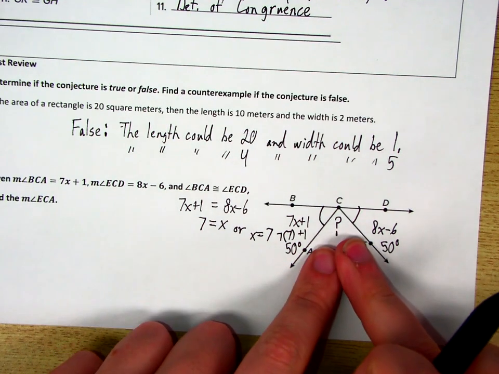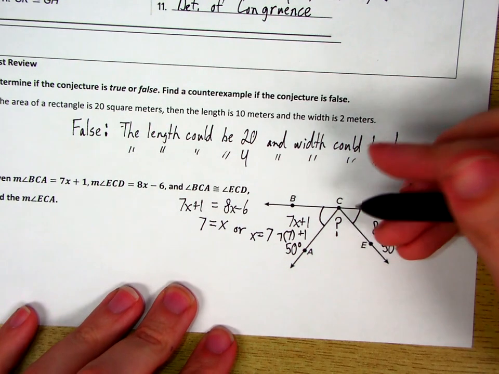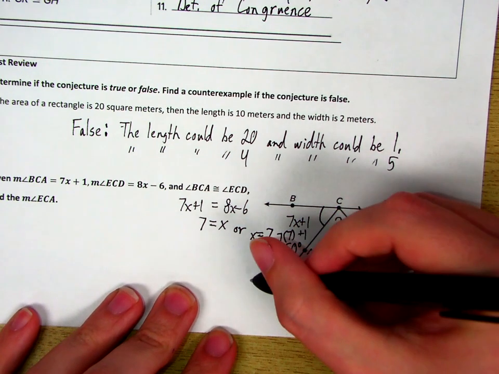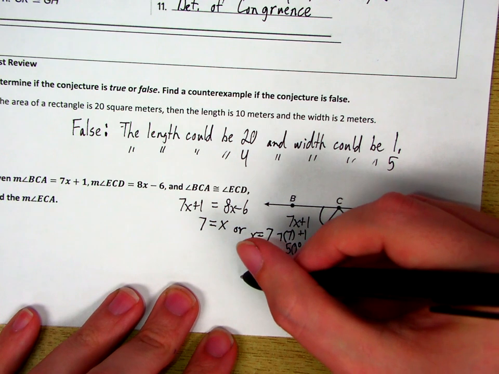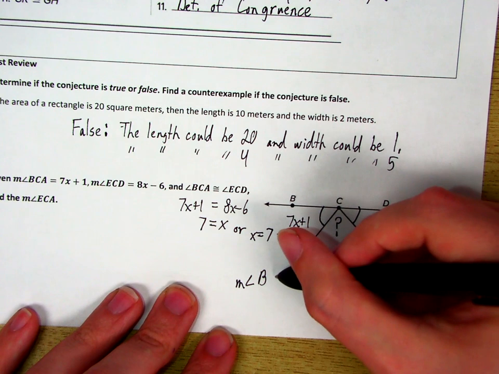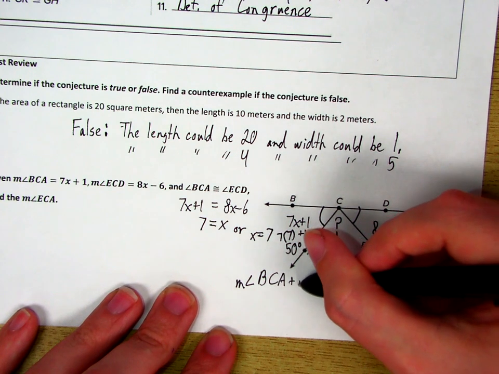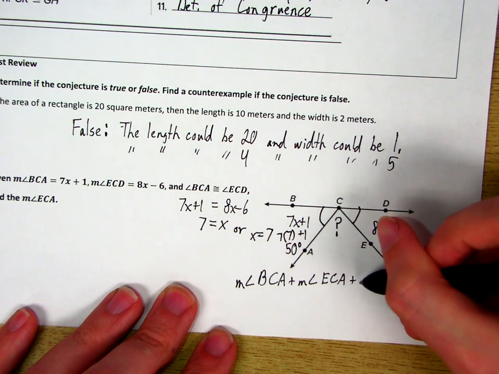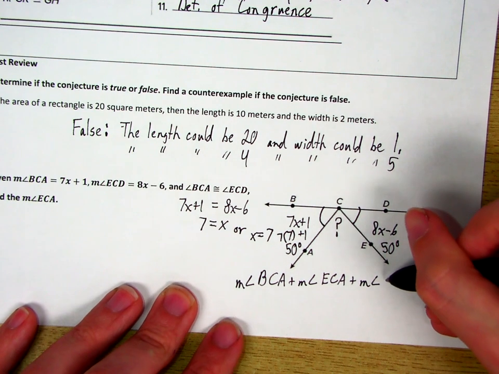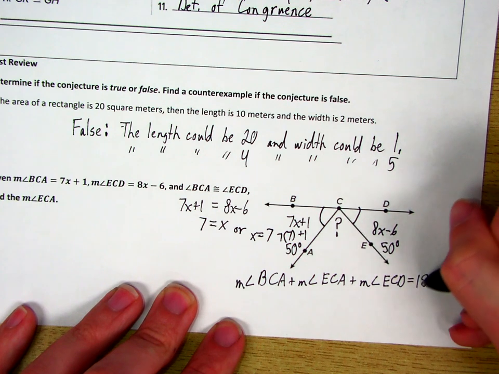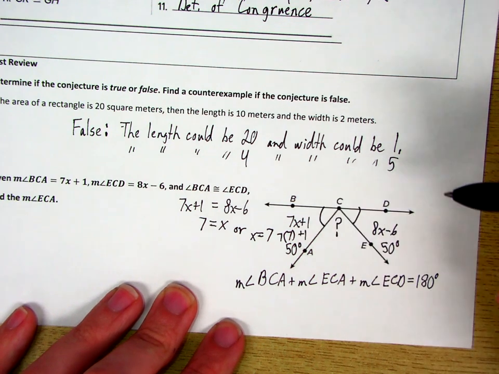Now, since we just want that missing angle, we'll call it ECA, actually. We know that the measure of angle BCA plus the measure of angle ECA plus the measure of angle ECD should equal 180 because we've got a straight line.